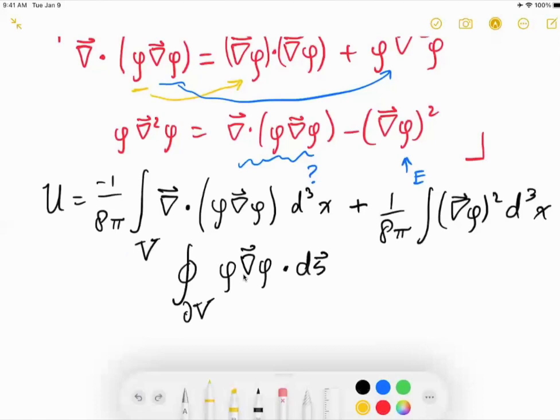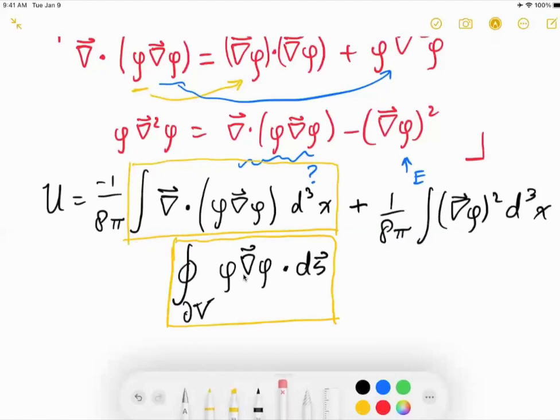Oops. It's very hard to write straight lines. Okay, we can write this as this, and this is over V.